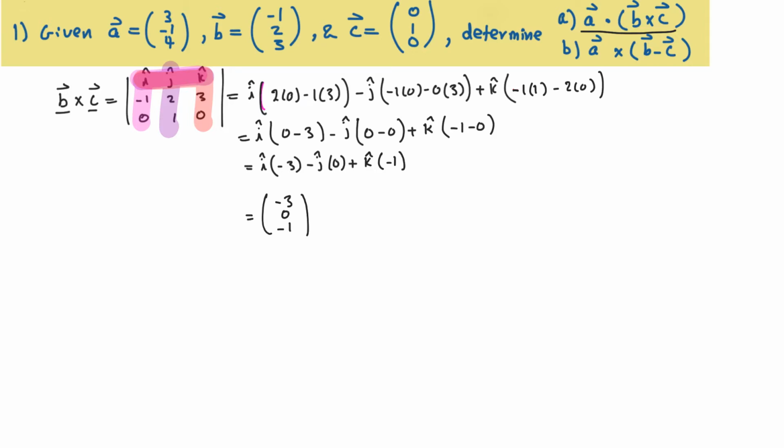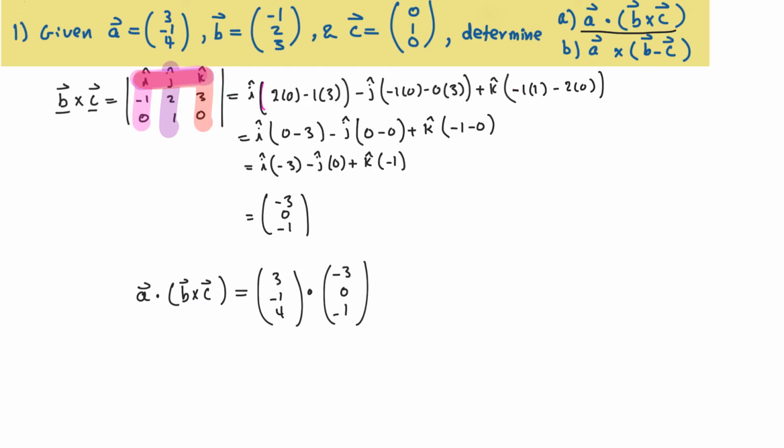Now we want to get the dot product of this with vector A, so vector A dot B cross C, and that's going to equal to, for vector A, my components are 3, negative 1, and 4, and we're going to do a dot product with negative 3, 0, and negative 1.